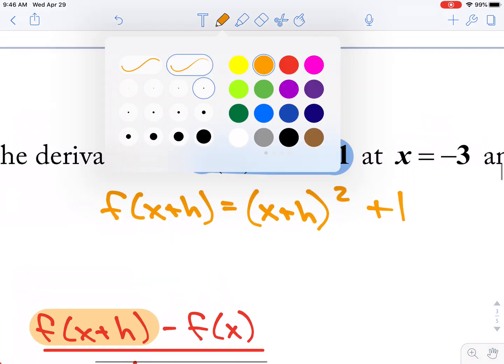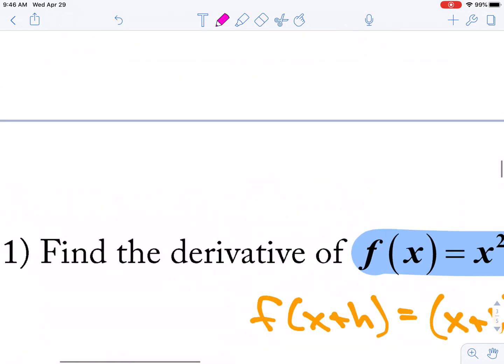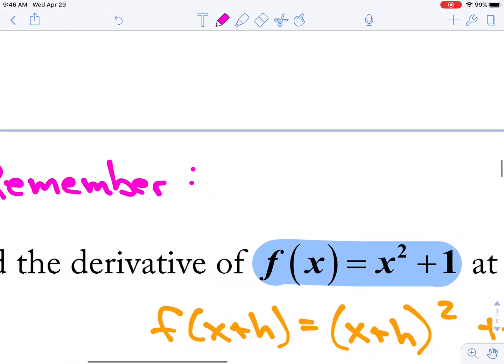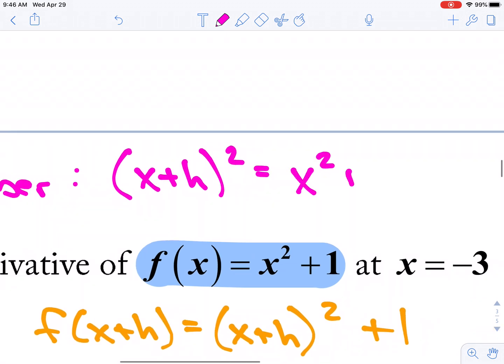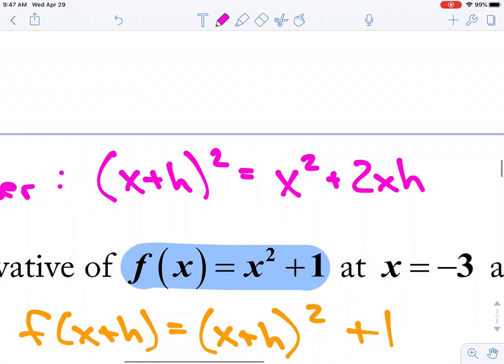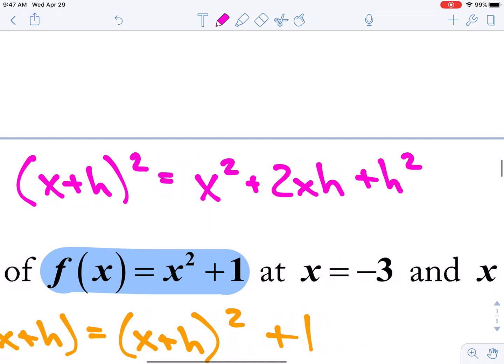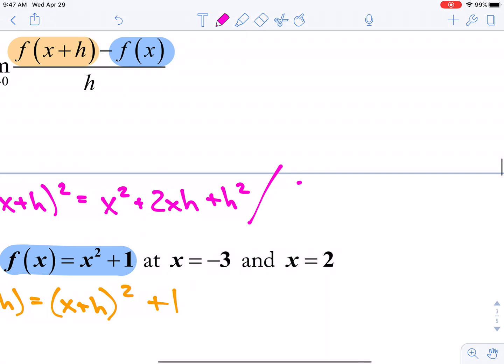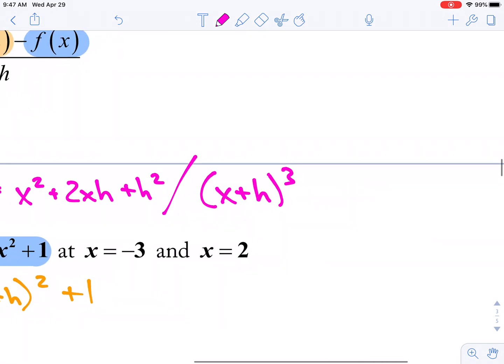Now, we need to remember some basic algebra from our previous work. Anytime you have x plus h squared, that's going to come out to be x squared plus 2xh plus h squared. That's something we're going to use a lot, so it's important that you remember it. Another one you should remember is x plus h cubed. That would probably be the biggest one we'll deal with.